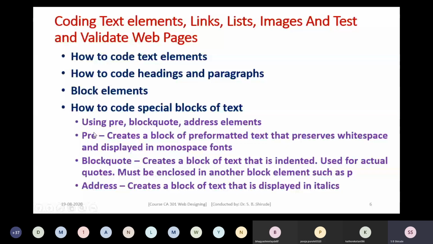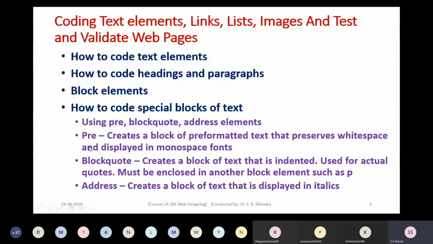So what is PRE? It means pre-formatted text. Suppose I have left many white spaces between two words purposely, and I want them to appear as they are when the web page is rendered. At that time you include that content in the PRE tag.